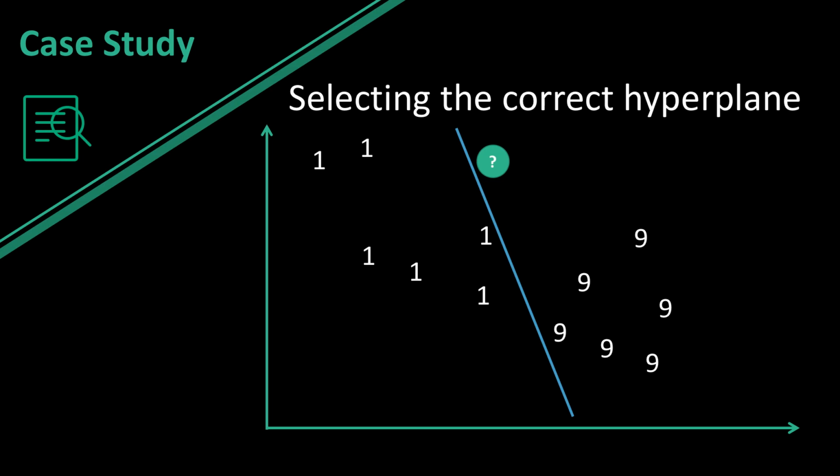This looks like a 1. However, because we chose our hyperplane to be where it's at, this would be categorized as a 9. Now, this is probably not the case because, as we can clearly see, the data looks like this question mark should be in the 1 category, but if we draw our line where the blue line is right here, that is probably not accurate.